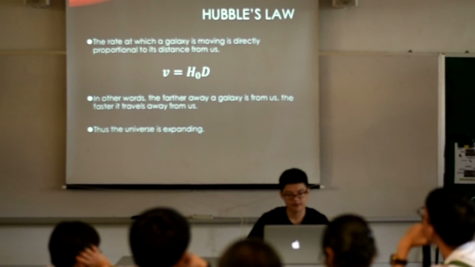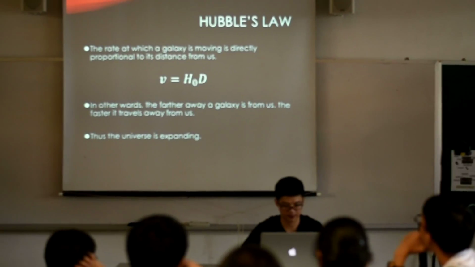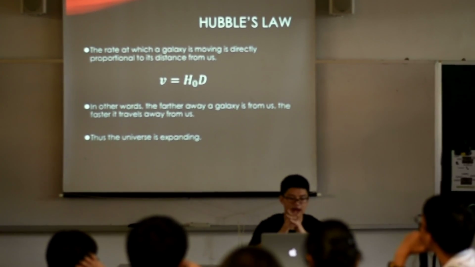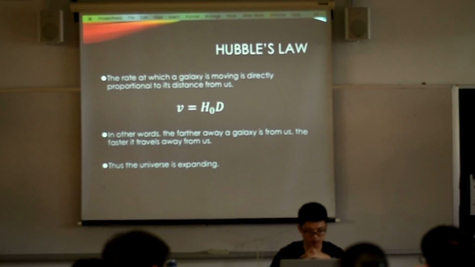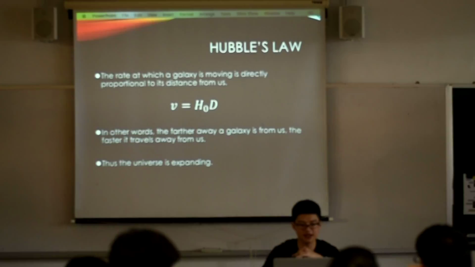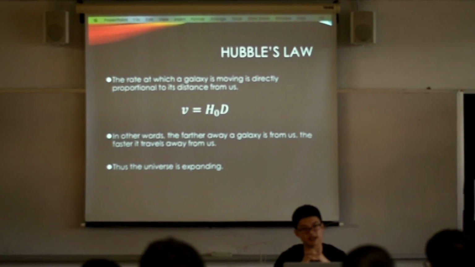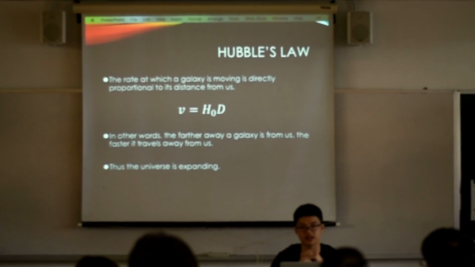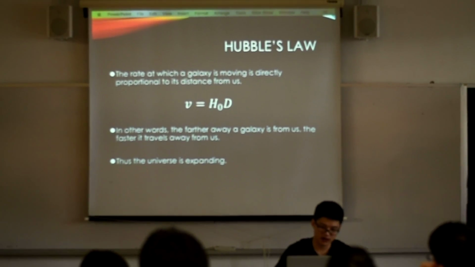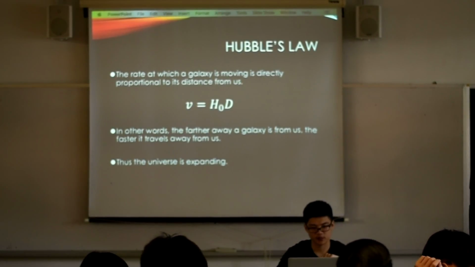The H naught in the law is called Hubble's constant, which is constant, and d is the proper distance of the galaxy from us. In other words, the universe is expanding, because if an object is further away, it moves faster, and the rate is proportional to the distance. It is equivalent to the whole space expanding at the same rate.